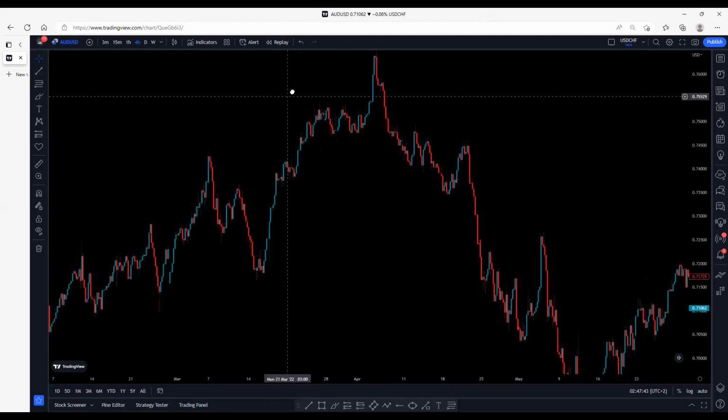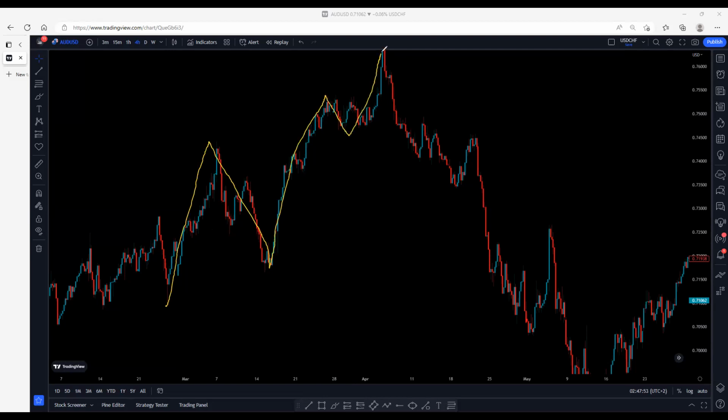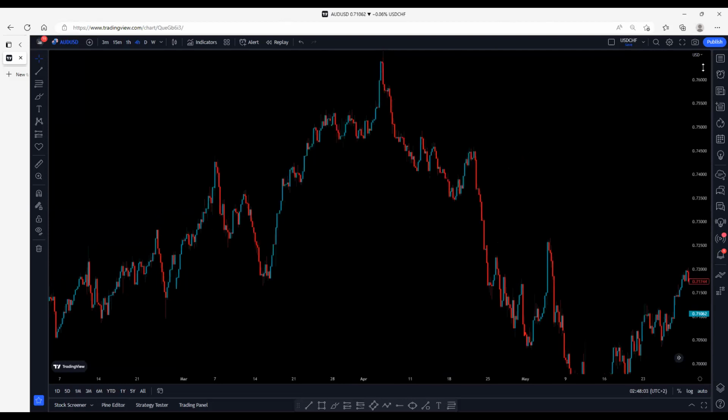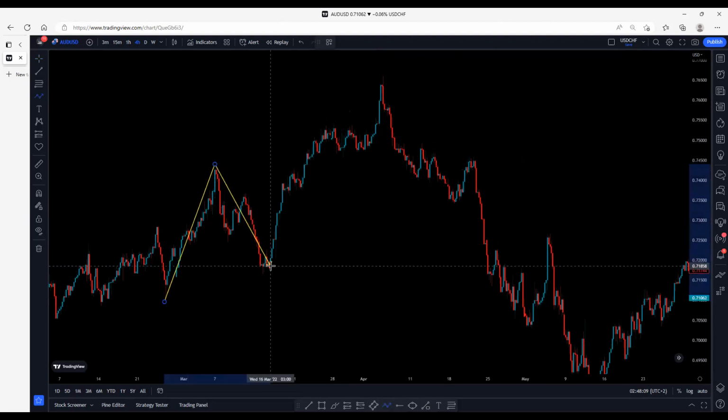Firstly, what we saw is the price kept on creating, you see, what I was talking about, higher highs and higher lows, right? This is what the price just did.